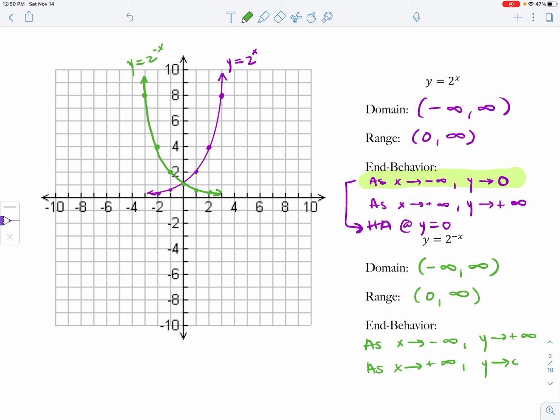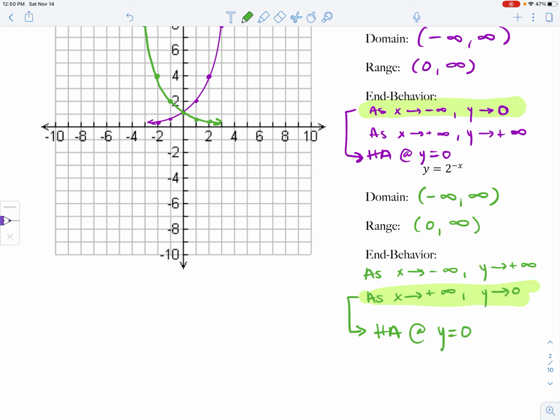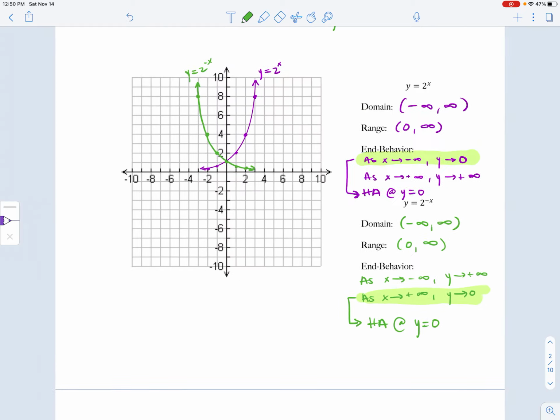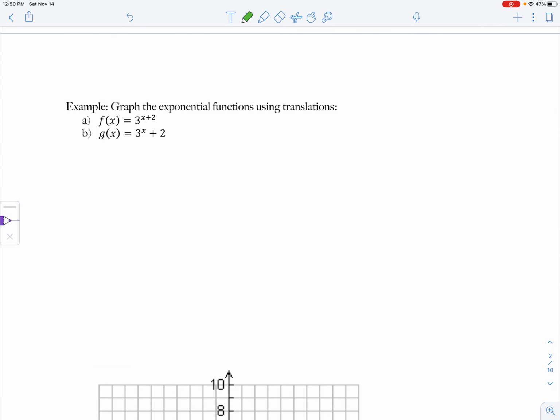And as x approaches positive infinity, y approaches 0. So again, that indicates a horizontal asymptote, right? This statement here indicates that a horizontal asymptote can be used to describe the end behavior of this function.